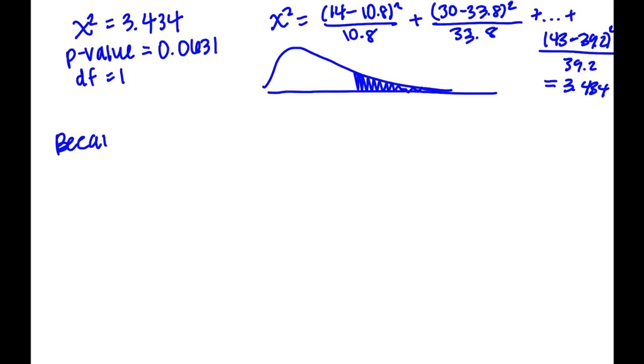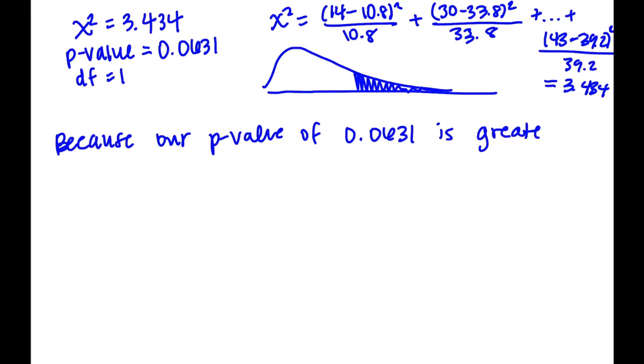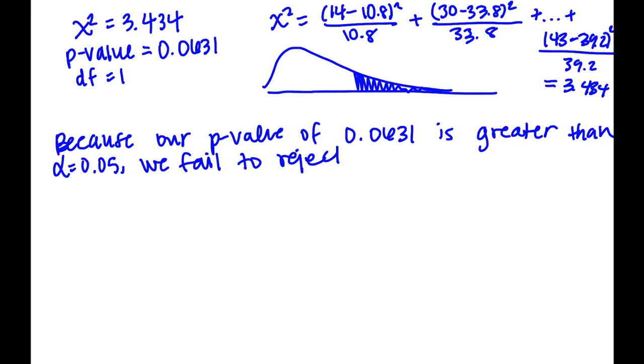Okay, so last thing, because our p-value of 0.0631 is greater than alpha equals 0.05, we fail to reject the null.